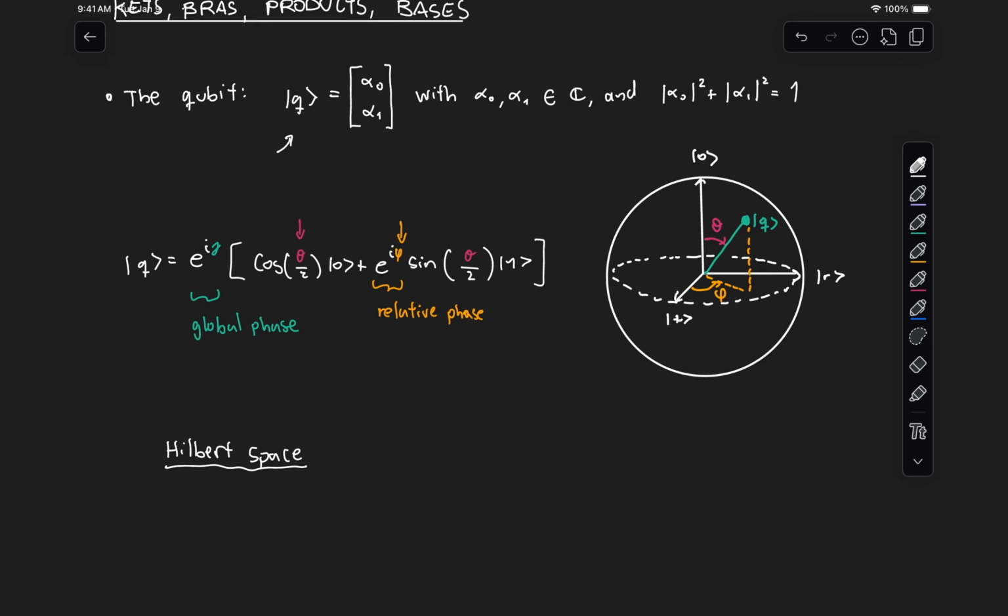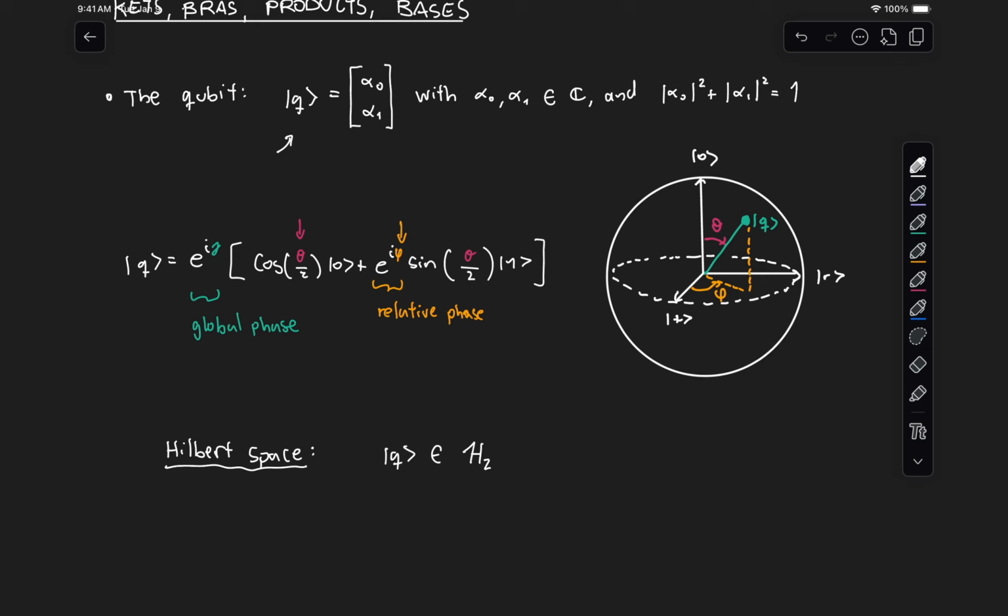But these details are not that important at this point. All we need to know is that when we talk about the Hilbert space of our qubit, it's basically the family of all possible values it can take. And we usually denote this as our qubit Q belonging to this Hilbert space of dimension 2, because we're talking about vectors with two complex entries.